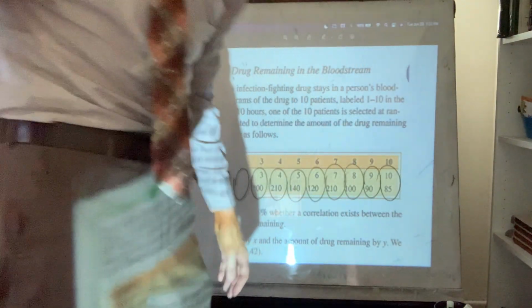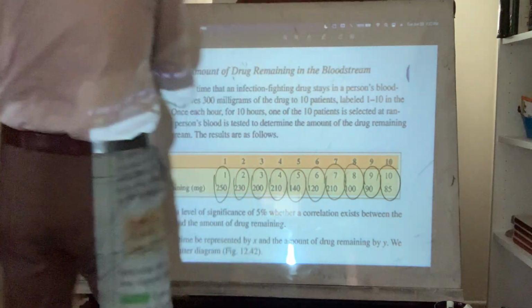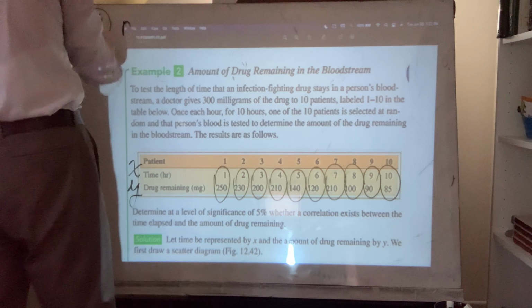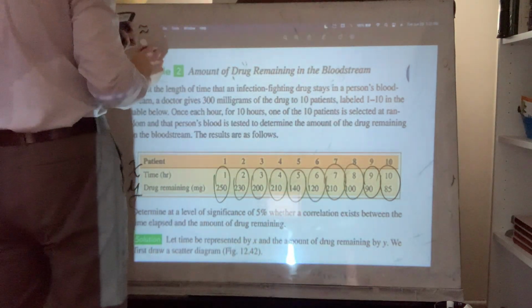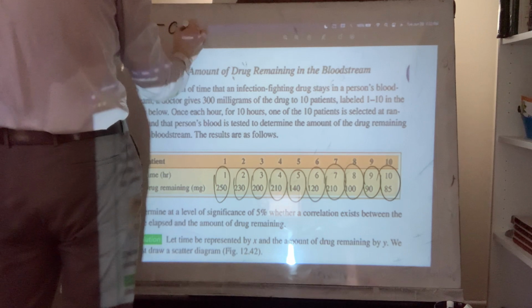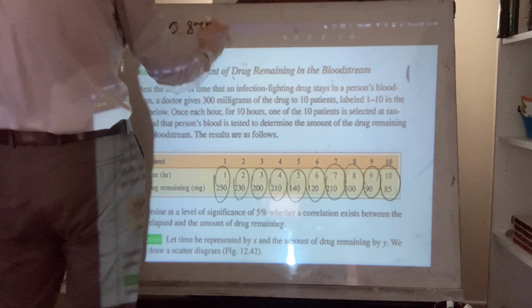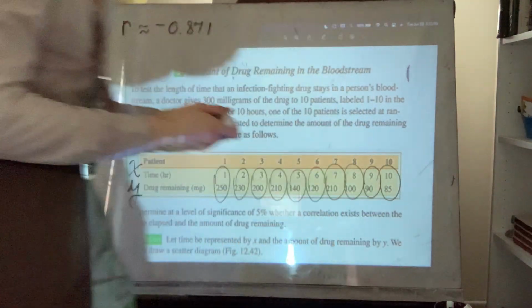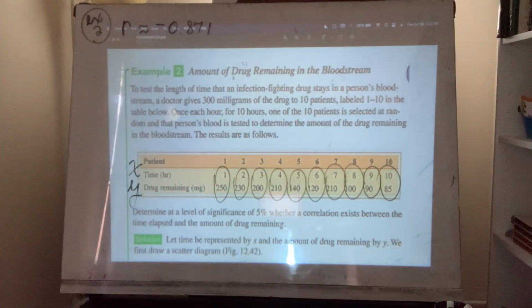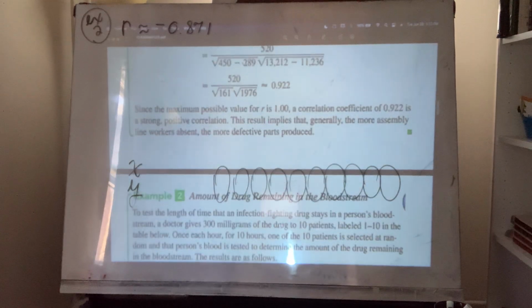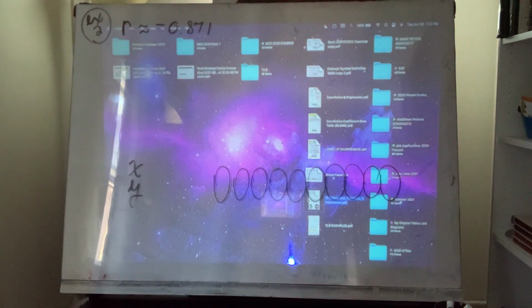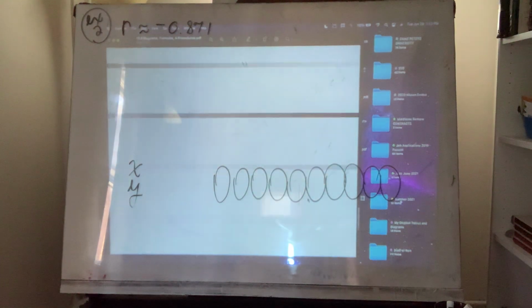Let me write that up here. The linear correlation coefficient, this is from example 2, is about equal to negative 0.871 if you round it. Now we need to look at the critical values for the sake of comparison. I think I have that written in here, so let's go to my diagram here. This is a nicer view of it.